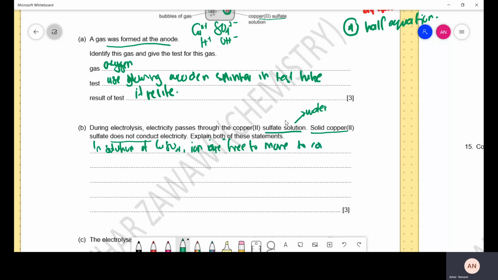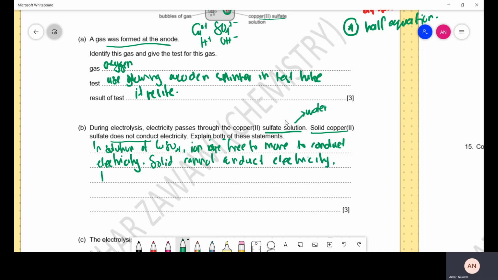When they can move, they can conduct electricity. So remember, for electricity, the ions must be free to move. Then you explain the solid. The question mentions that solid cannot conduct electricity.